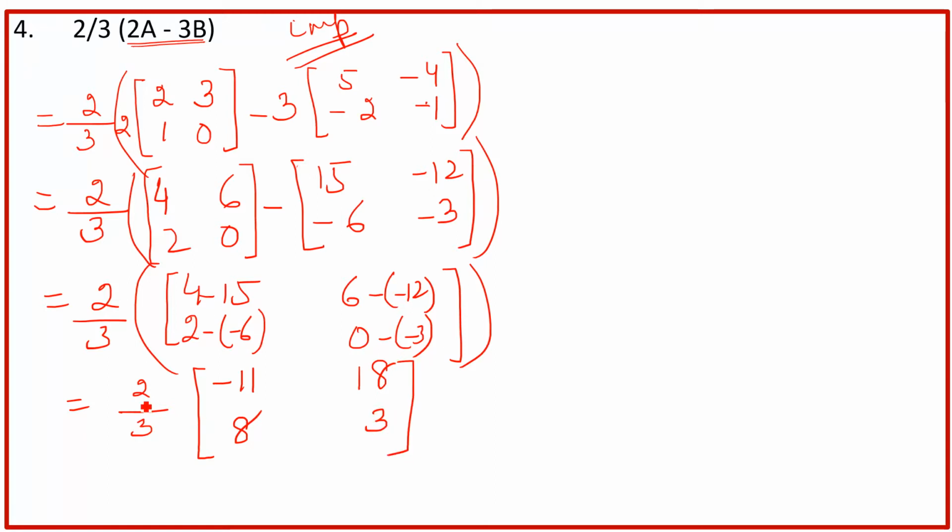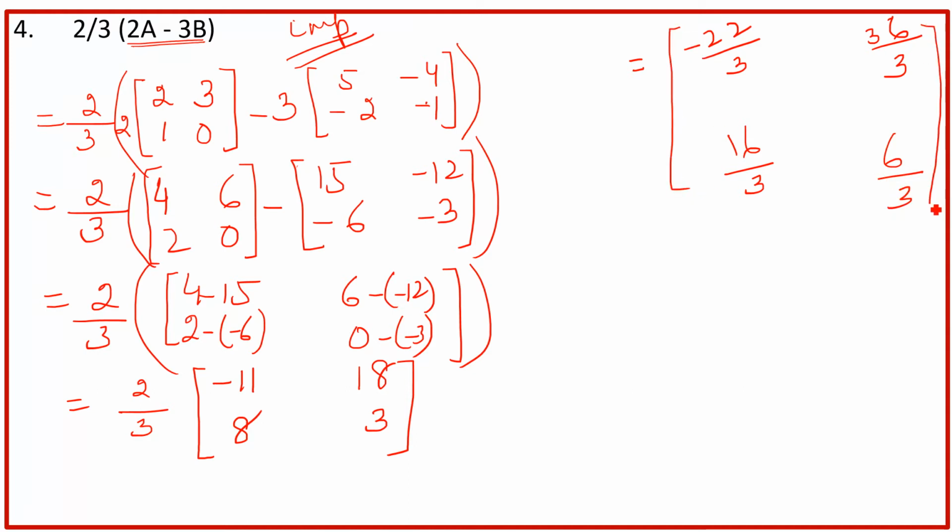Now you have to multiply. See, this is the numerator. You have to multiply 11 with 2 divided by 3, 18 by 2 divided by 3. So I will write down here, it will be -22 over 3. It is 18 times 2, 36 over 3. It will be 16 over 3, and the last one is 6 over 3.